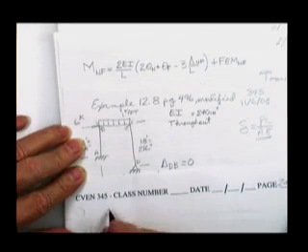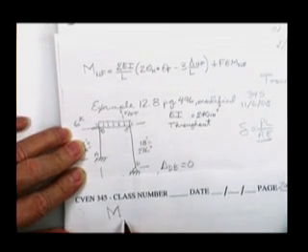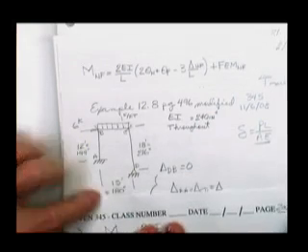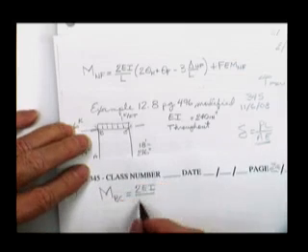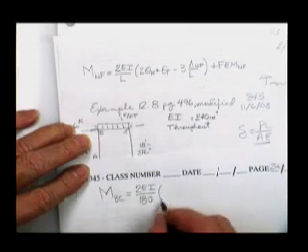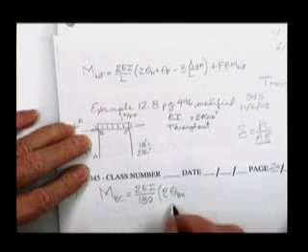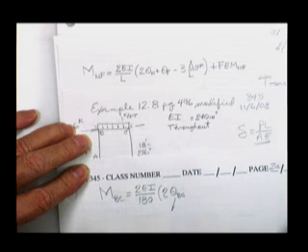You ready? M sub BC is equal to 2EI over L, and that L there was 180 inches. All right, on to 2 theta BC, which we will be replacing with just a plain old theta B. Are we setting it equal to 0? No, we won't, because we don't know what it is, and it probably isn't 0.